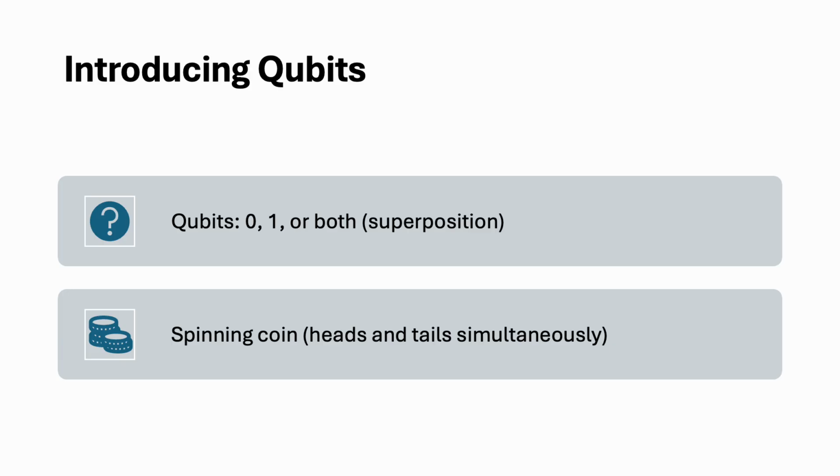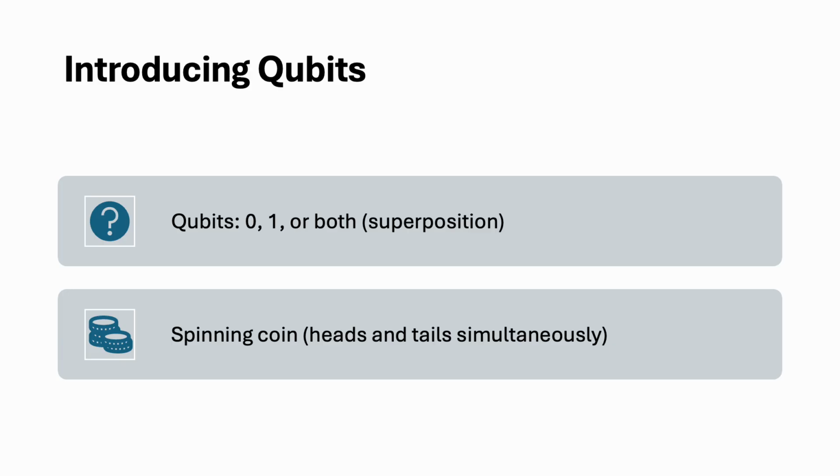This is where quantum computing offers a radically different approach. While classical bits are always definitely 0 or 1, quantum bits, or qubits, can exist in superposition, representing both 0 and 1 simultaneously until they are measured.